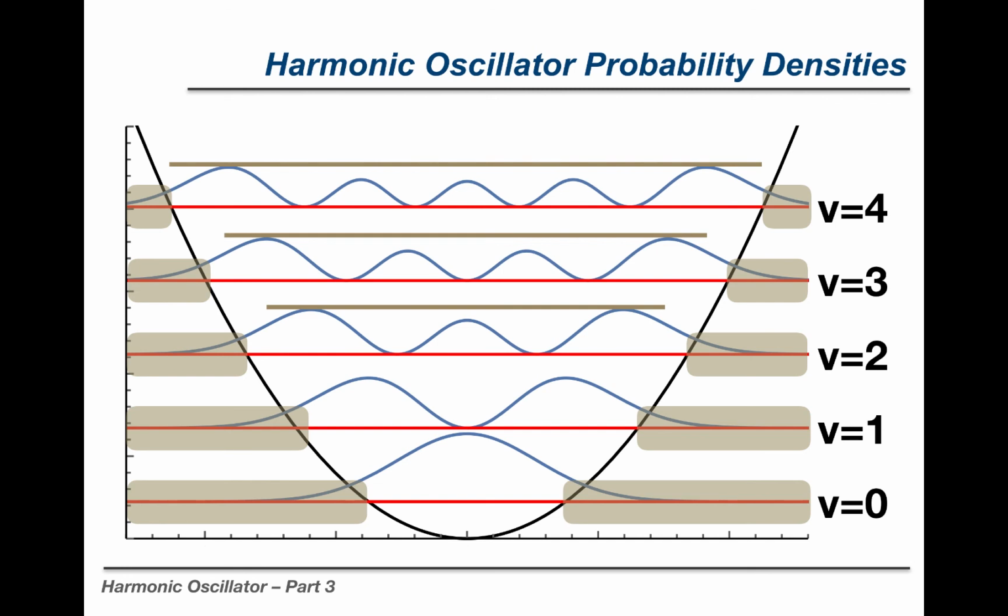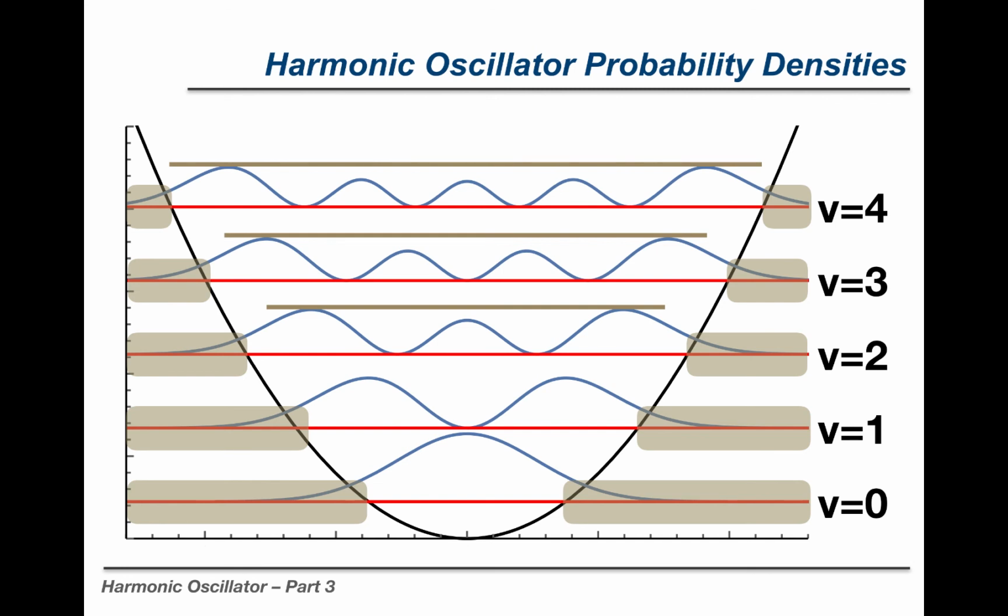When it turns around and goes back toward the equilibrium displacement position, its potential energy decreases, kinetic energy increases, and the particle moves through the middle part of the potential a bit faster than it does out at the edges.